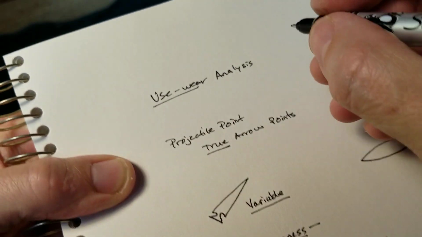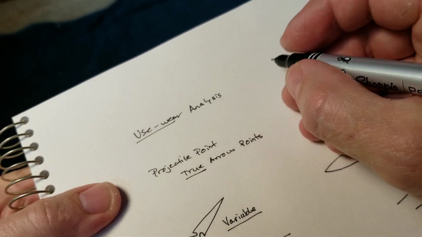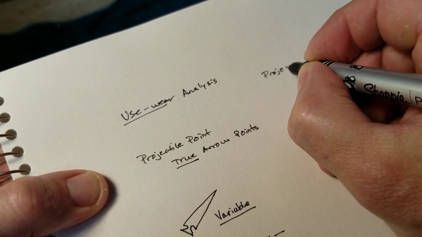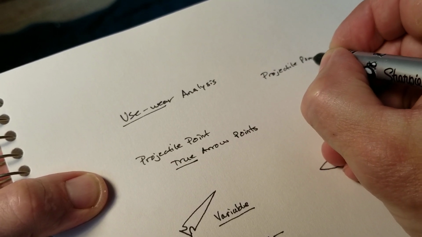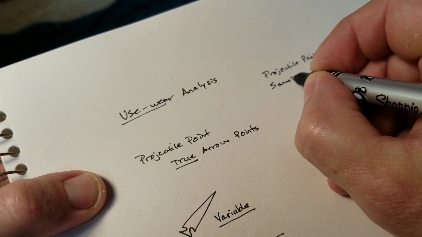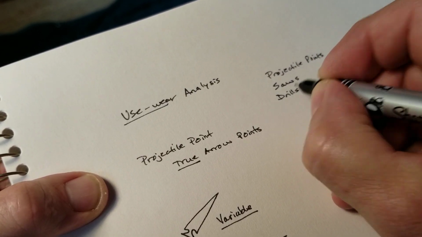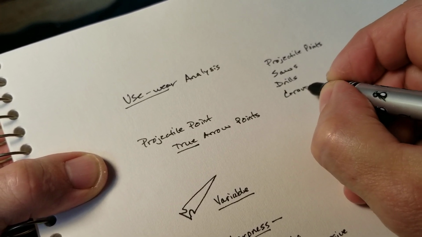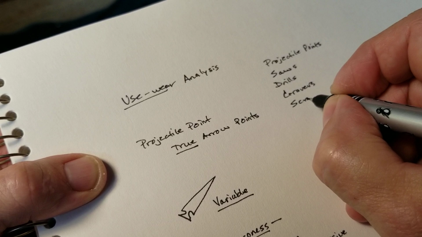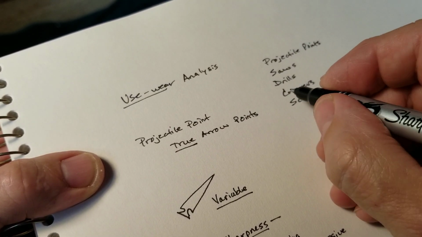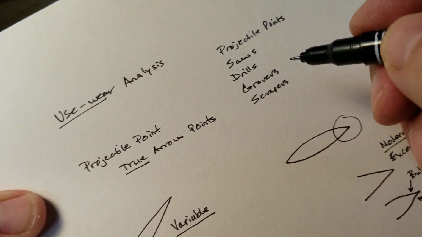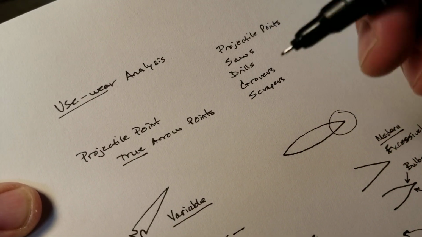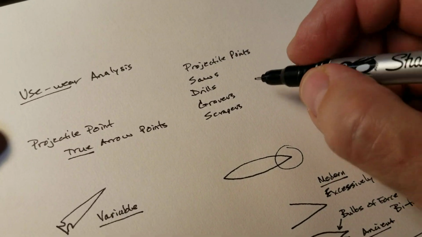Okay. If I go into all the uses, like projectile points, saws, drills, gravers, scrapers, all these different types of tools with their respective edges, I could write a whole book.